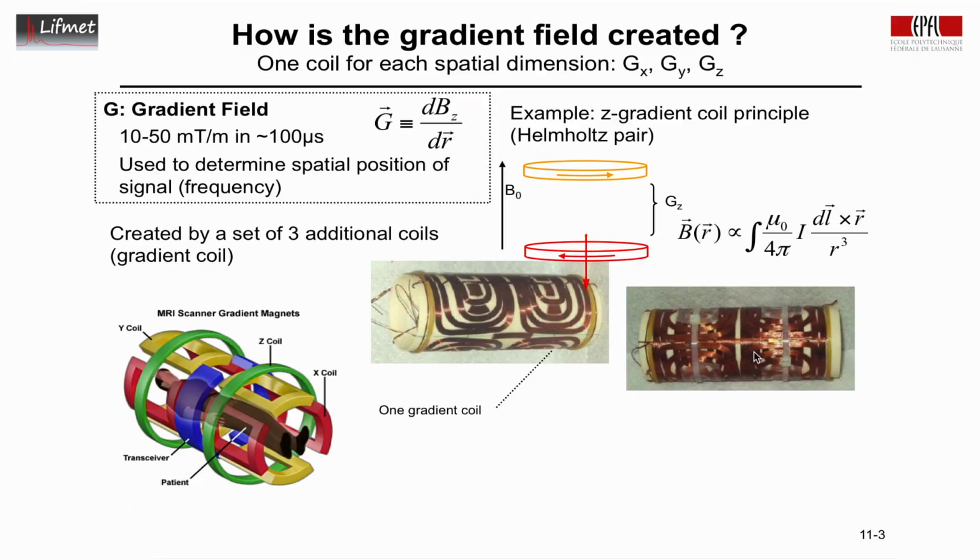You can see the Z gradient is a bit more complex than we have introduced. Note that the Y gradient and the X gradient are, construction-wise, identical, except one is the rotated version of the other, rotated by 90 degrees. So here are the 3 gradient coils.